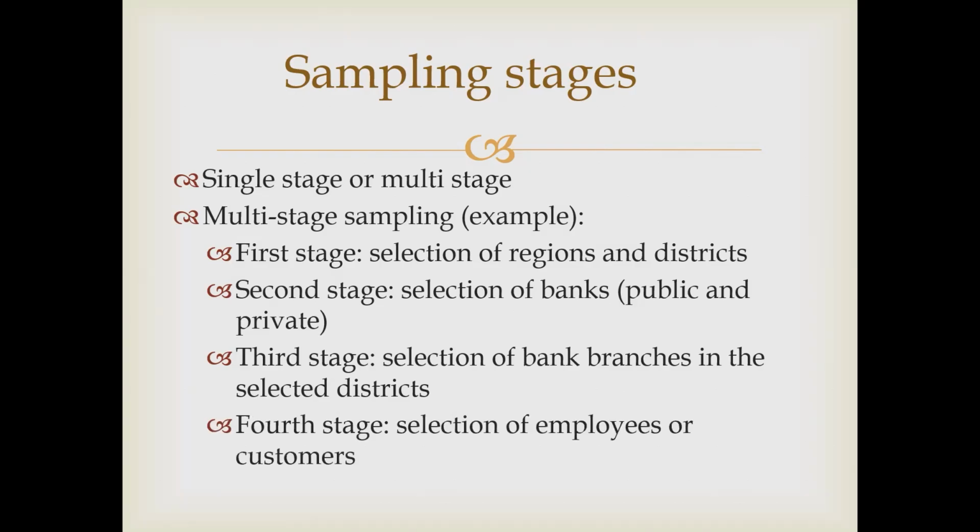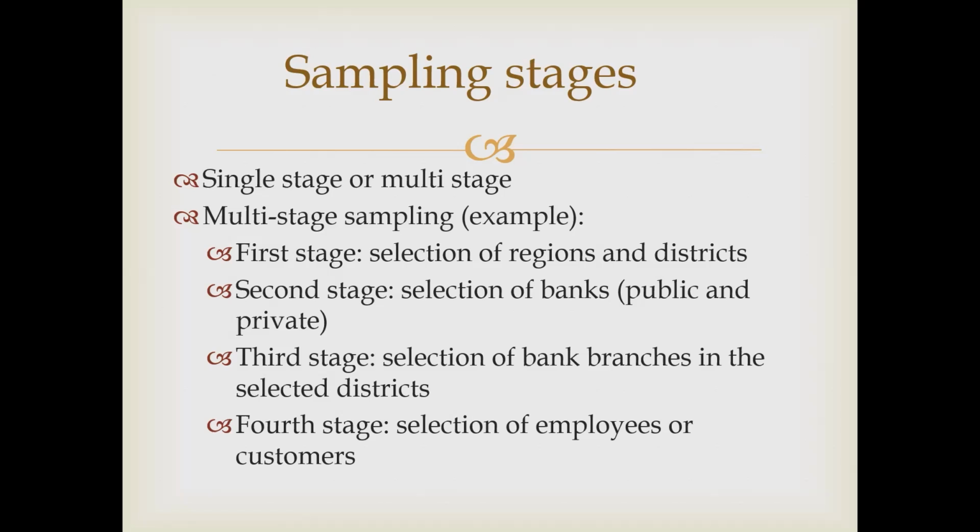Fourth stage, we have now selected the bank branches. Now we go to the bank branch and select the employees or customers. If your study is about customers, you can select the customers. If your study is about employees, you visit the bank branches of the selected banks in the selected districts and select the employees.